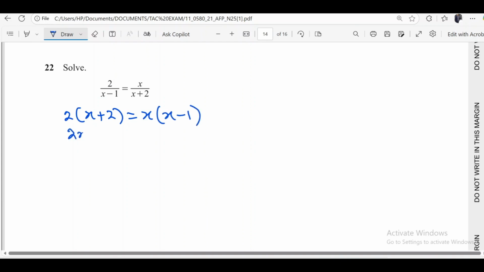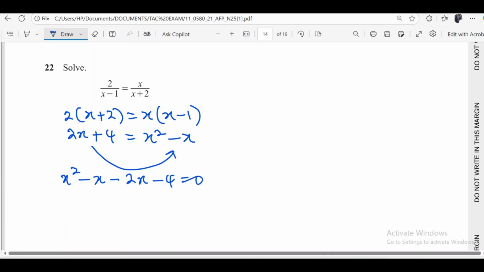So we have 2x plus 4 equals x squared minus x. So we can move everything to this side. We have x squared minus x minus 2x minus 4 equals 0. We have x squared minus 3x minus 4 equals 0.